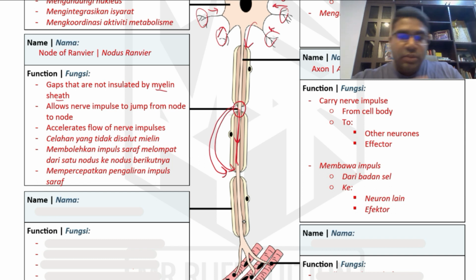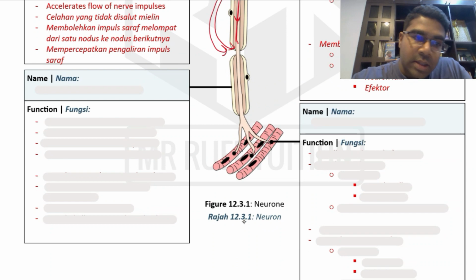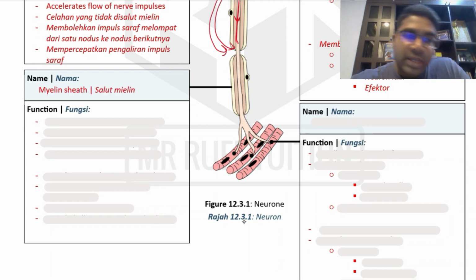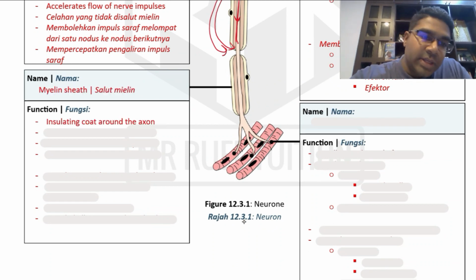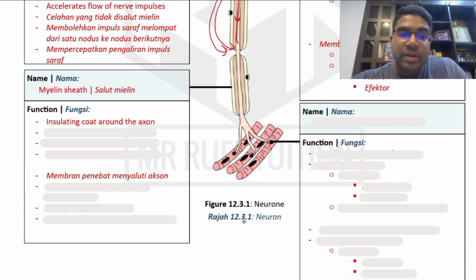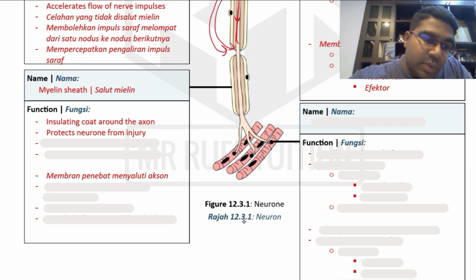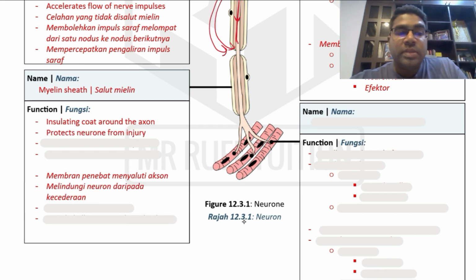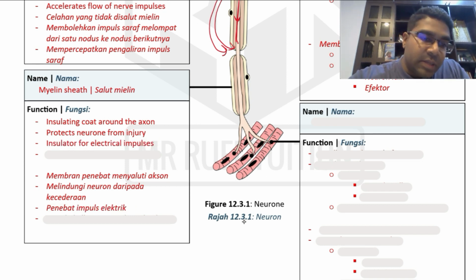Okay. Now, so apakah ini salut myelin? What is the myelin sheath? Myelin sheath is an insulator. Ia adalah penebat, membran penebat yang menyaluti axon. It covers the axon. Alright. So here it protects the neuron from injury, melindungi neuron daripada kecederaan. Selain daripada itu, other than that, is an electrical insulator.